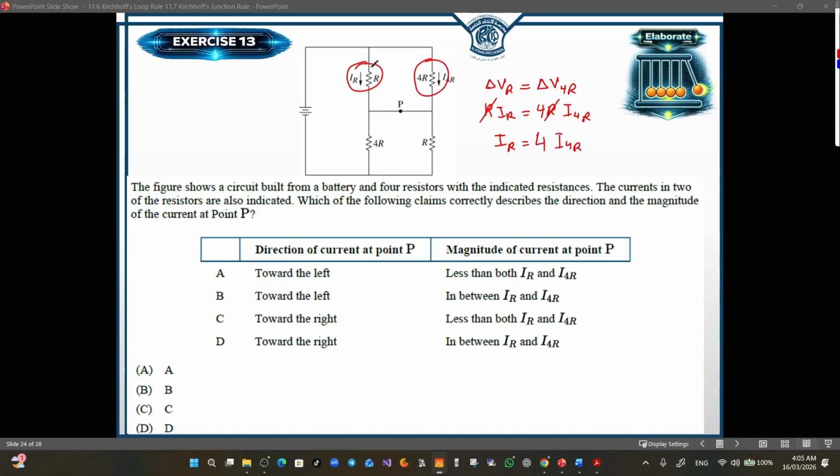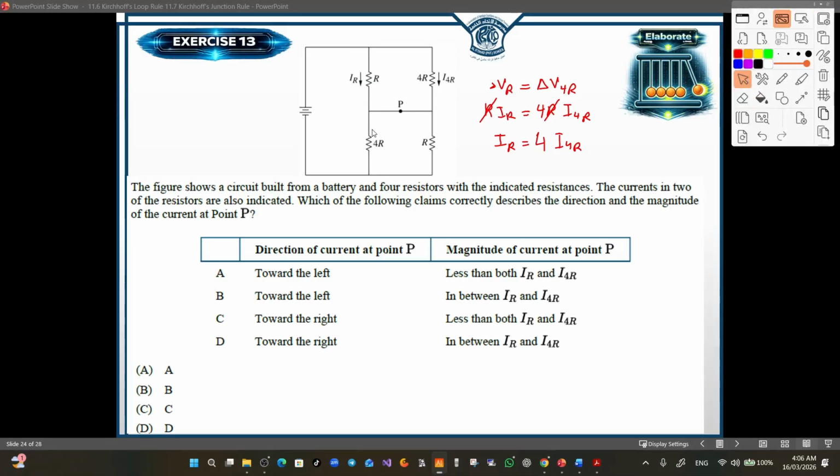So the current through this resistor is 4 times the current in this resistor, and this is obvious because the resistance here is less than the resistance here by 4, and according to Ohm's law, the current is inversely proportional with the resistance. If this increases by 4, then the current will decrease by 4.